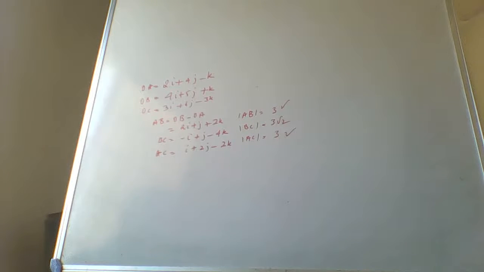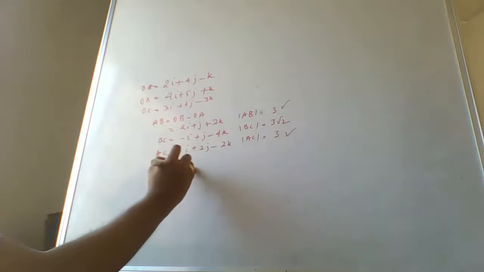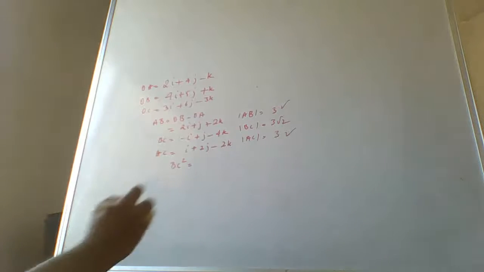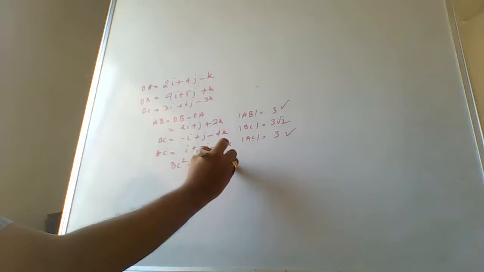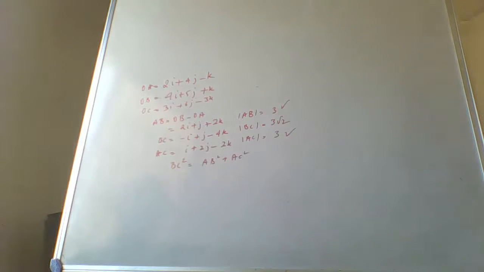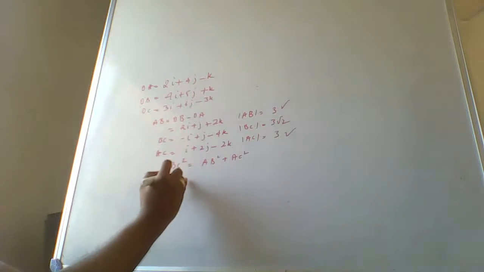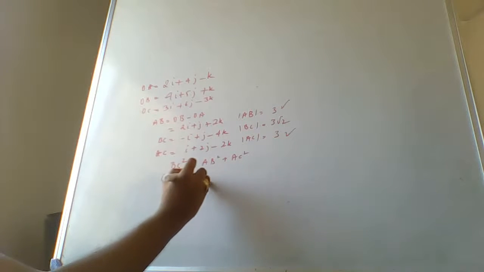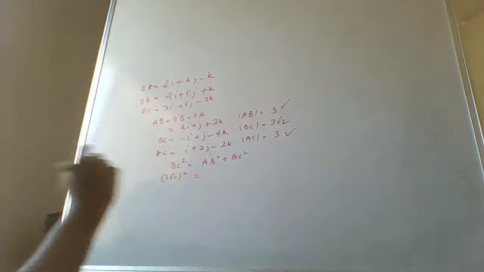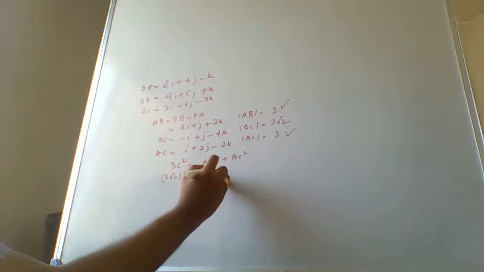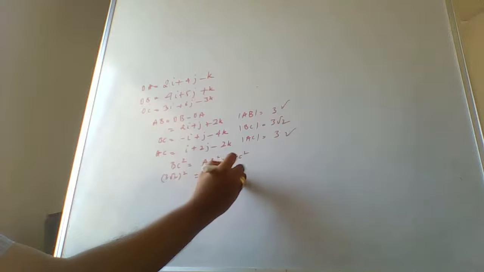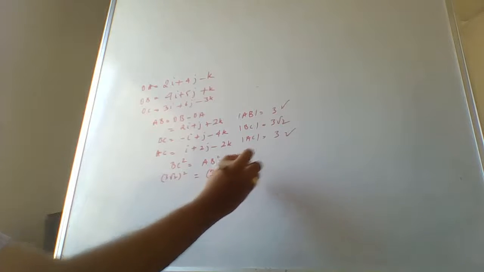Now when you notice that mod AB and mod AC are equal, let us use the property of triangle. So let us see that BC square is equal to AB square plus AC square. BC square being 3 root 2 whole square, AB being 3 whole square, and AC being 3 whole square.